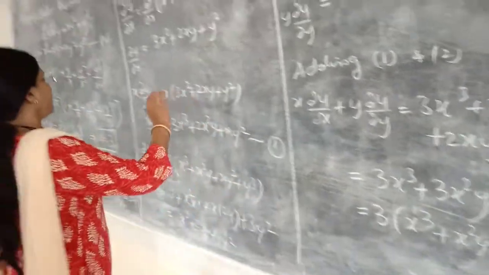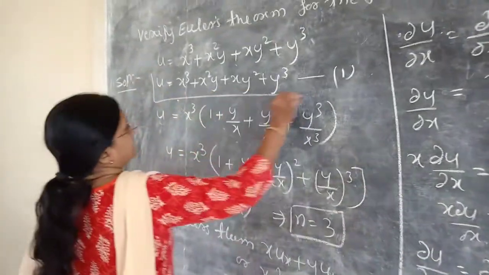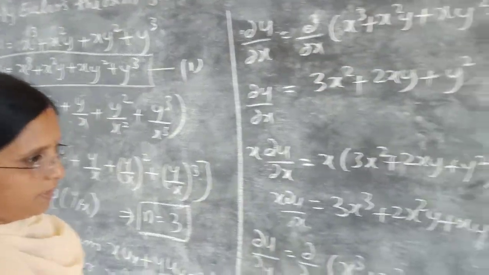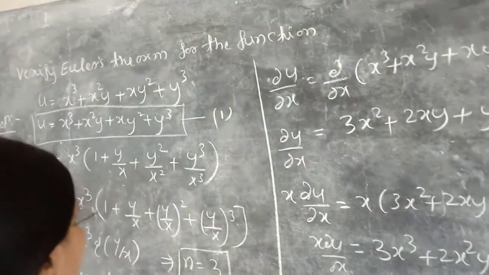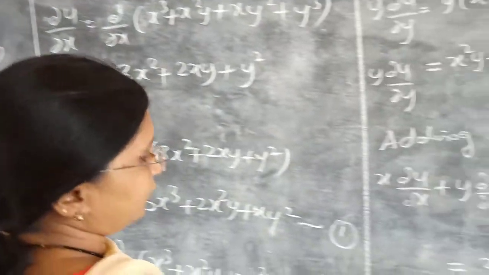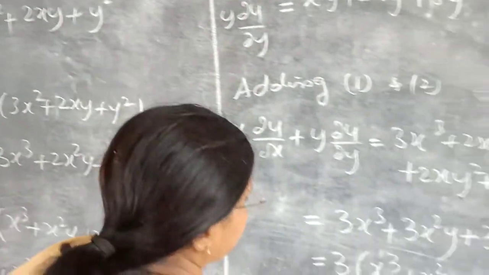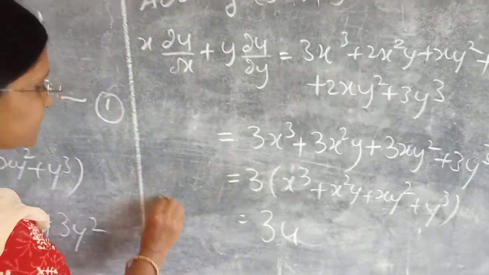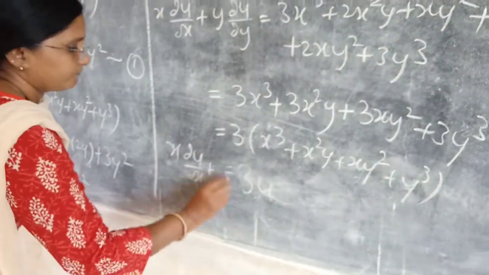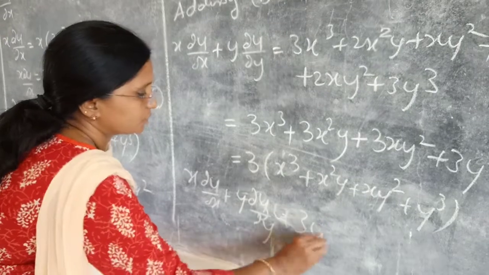So from the given equation, u is equal to x cube plus x square y plus xy square plus y cube. So this is equal to 3u, that is, x into dou u by dou x plus y into dou u by dou y is equal to 3u.